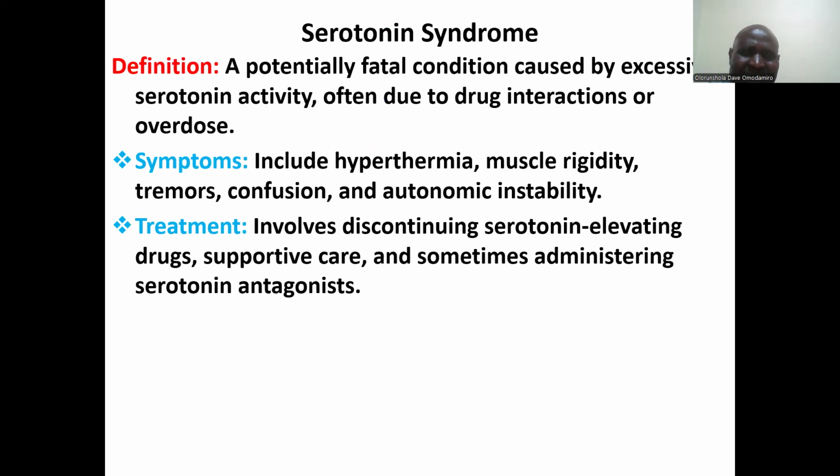Yes, well, I think I need to talk about serotonin syndrome. Serotonin syndrome is a potentially fatal condition caused by excess serotonin activity, often due to drug interaction or overdose. These are the symptoms when you have excessive serotonin activity in the body.